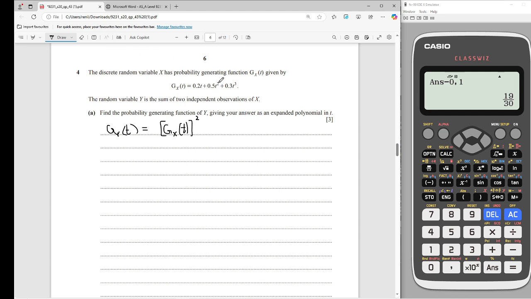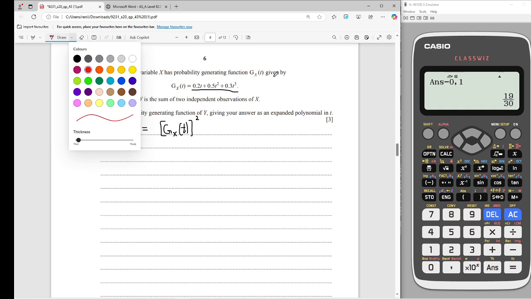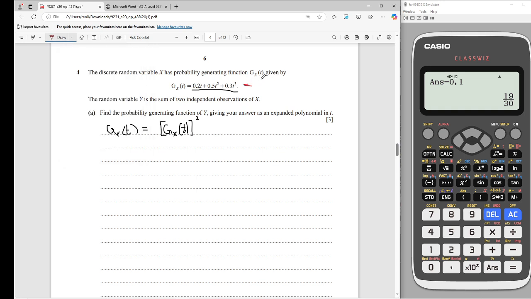Second, we need to factorize this to make our calculation simple. We can take 1 by 10 t out of this entire thing, and we get 2 plus 5t plus 3t squared.